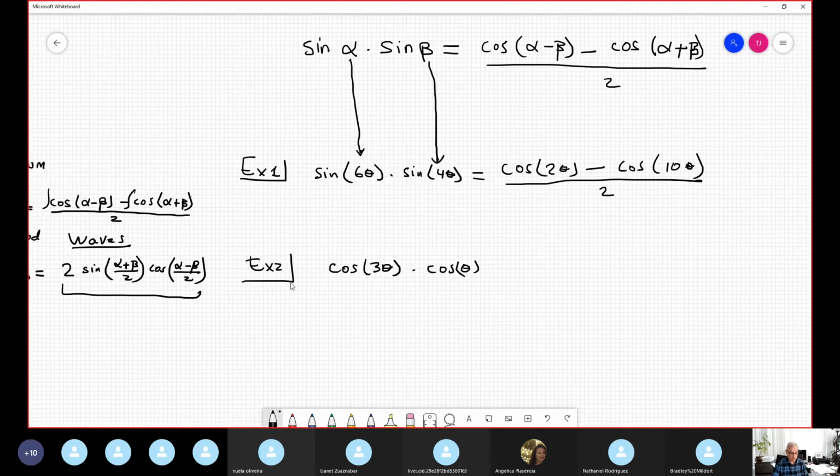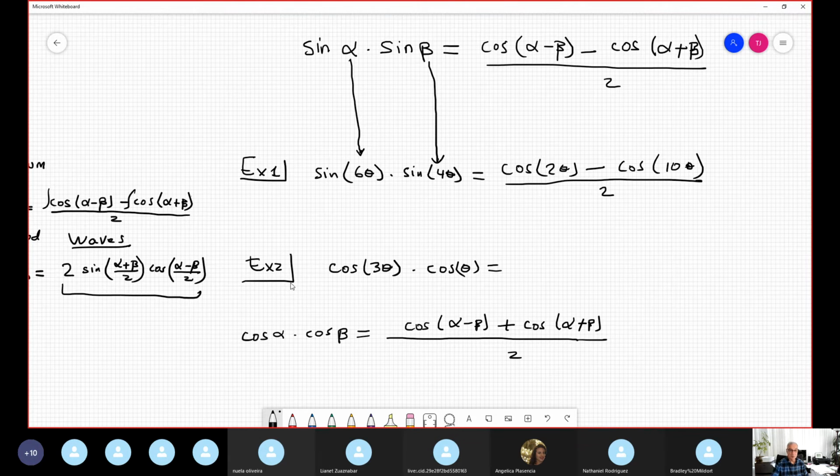So from the formula, cosine multiplication cosine: cosine alpha times cosine beta. From formula 6 it's cosine, it's plus. It's the same formula, but it's plus. Cosine alpha minus beta plus cosine alpha plus beta, divided by 2.